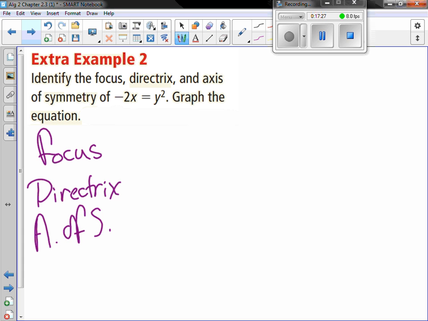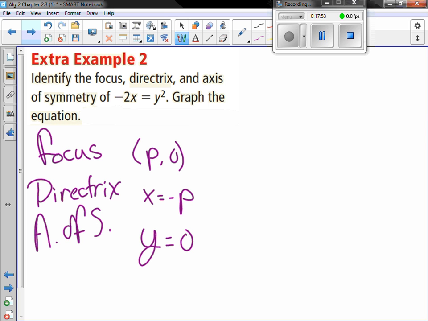The y value, yes? So that means I can look back at my equations and see, okay, so again, we're doing another one with y squared. So the focus is p comma 0. The directrix is x is equal to negative p. And the axis of symmetry is y equals 0.